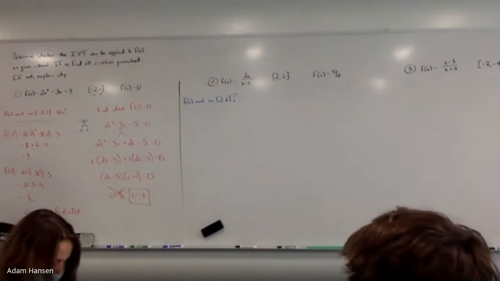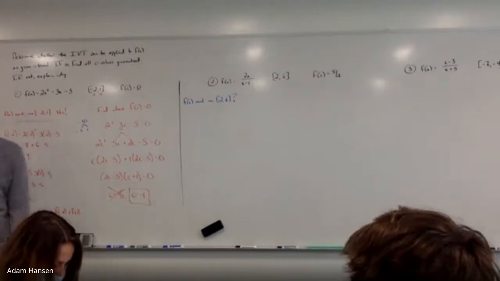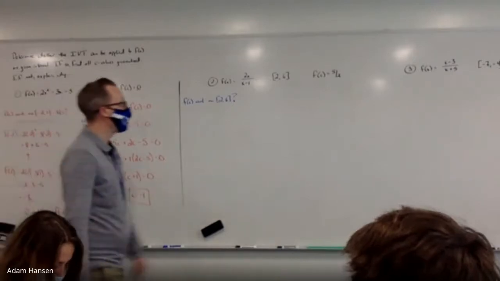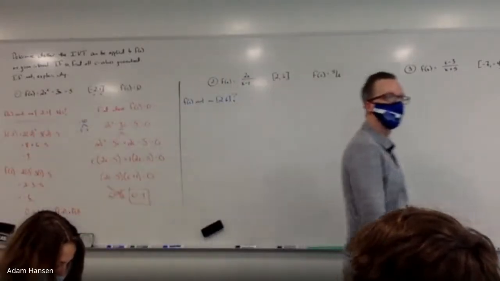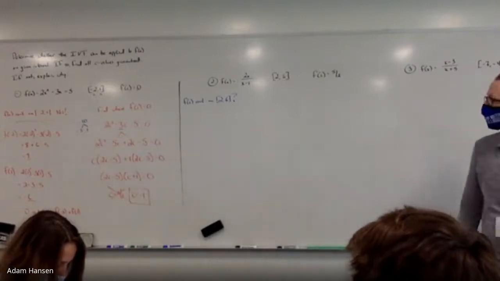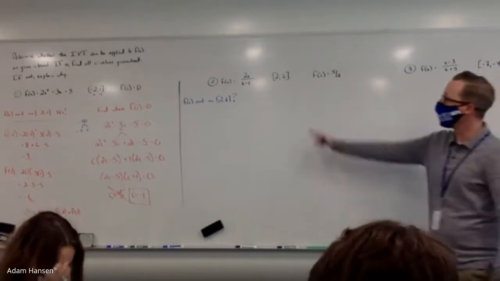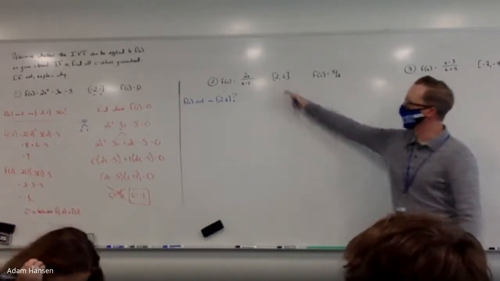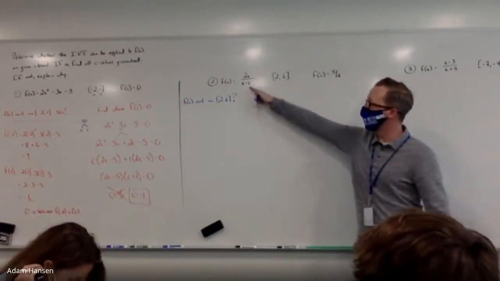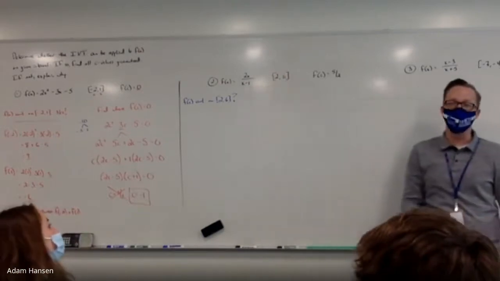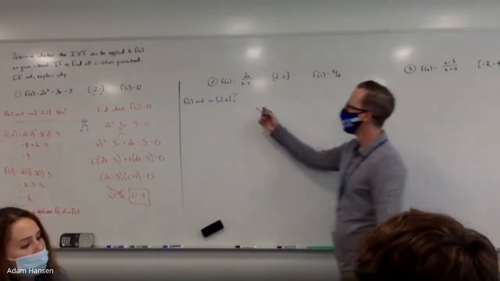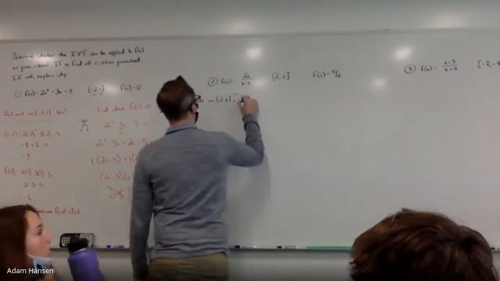It's not a polynomial anymore, so it might be discontinuous at some point. What value of x makes f of x discontinuous? 1. Is 1 in the interval between 2 and 6? So it's not a problem anymore. I'm only looking at this interval between 2 and 6. Where this function is discontinuous at 1 is not a part of the interval, so it's not a problem. So yes, I'm good to go here.